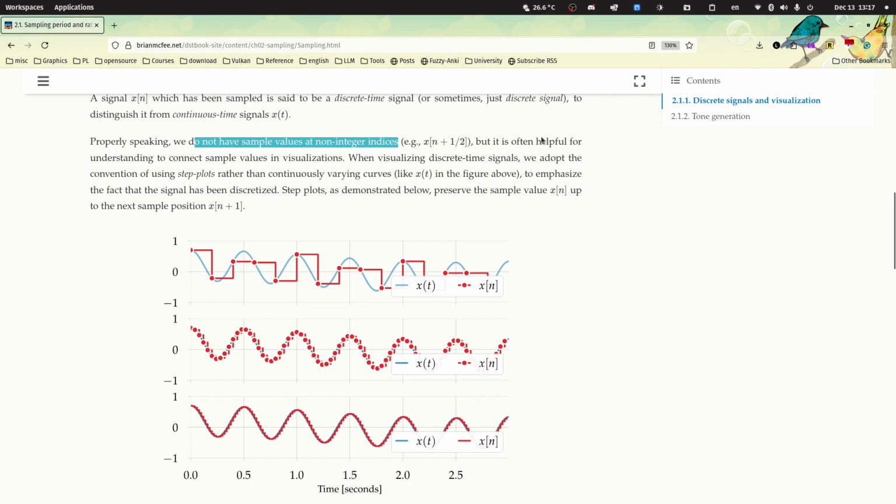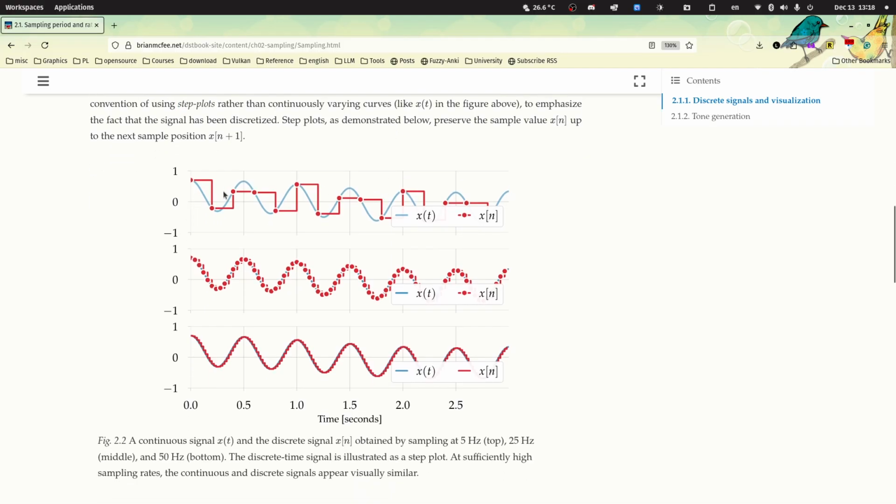It's often helpful for understanding to connect sample values to visualizations. When visualizing discrete time signals, we adopt the convention of using step plots, just like the following, to emphasize the fact that signals have been discretized.